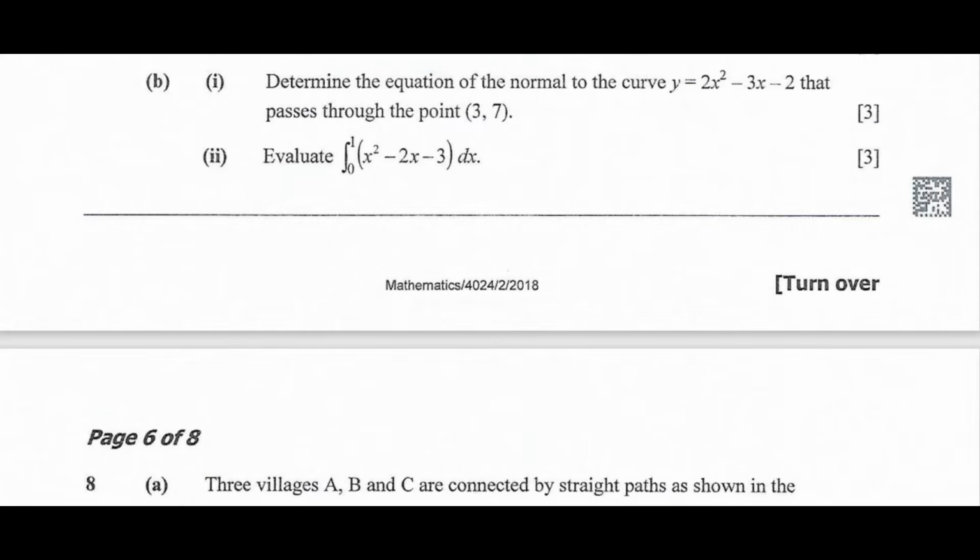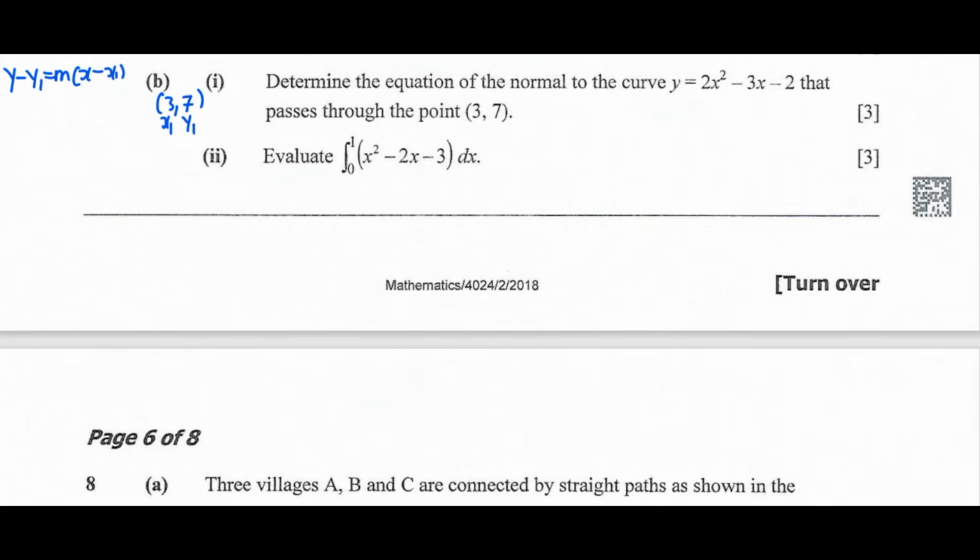So the equation of the normal uses the same formula: y minus y1 is equal to the gradient times open bracket x minus x1. We have the coordinates 3, 7, so we have x1 and we also have y1.